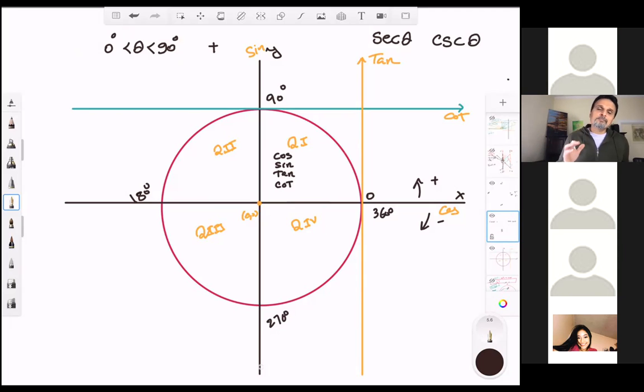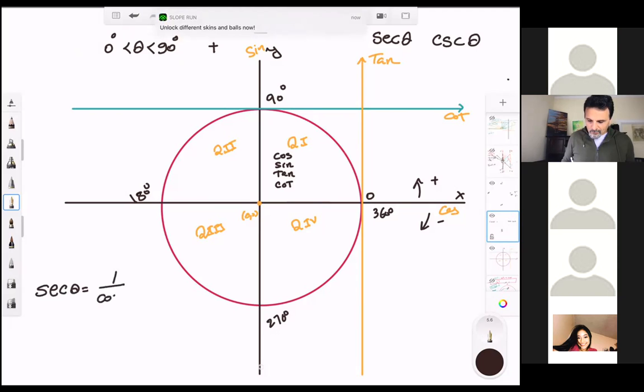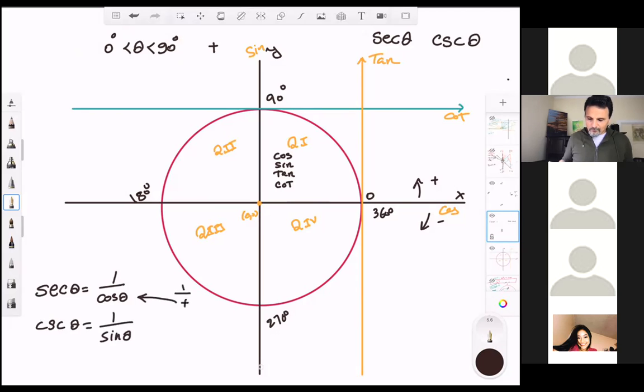Or the relation between the identities. We learned that secant of theta is 1 over cosine of theta, and cosecant of theta is 1 over sine of theta. What does it mean? If cosine is positive, then 1 over a positive number is going to be positive. So algebraically, we can see it as well.